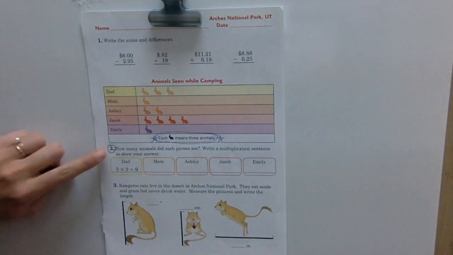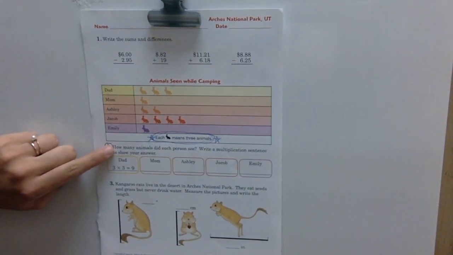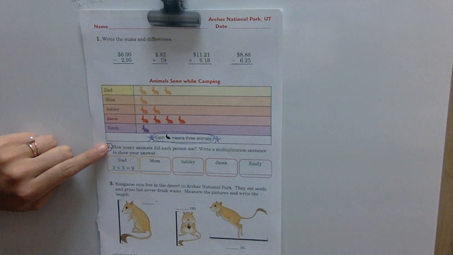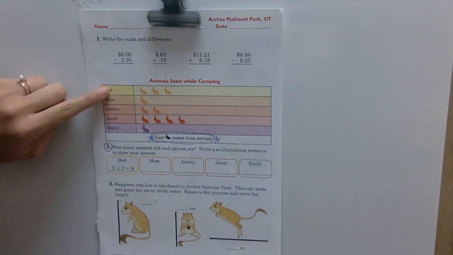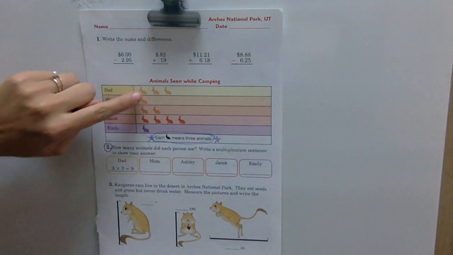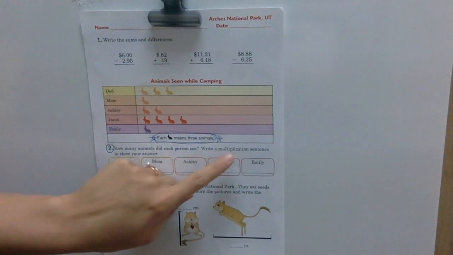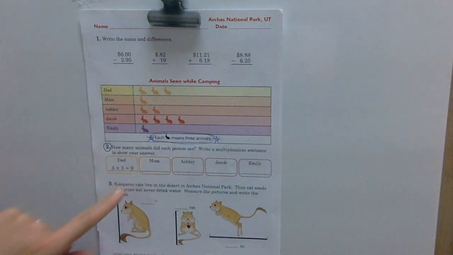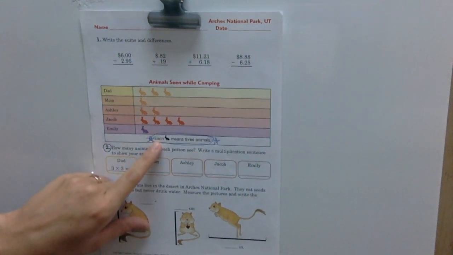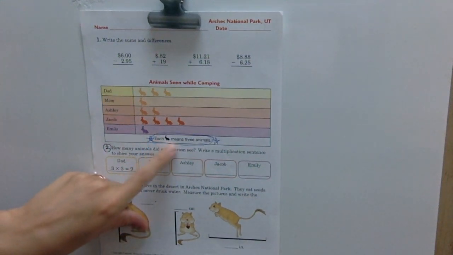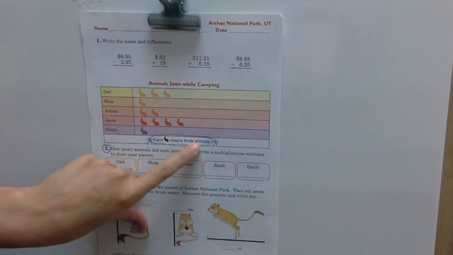So, question 2 asks us, how many animals did each person see? So we have names of people, and then these bunnies are going to represent how many animals they saw. Write a multiplication sentence to show your answer. So our key says that each bunny means 3 animals.